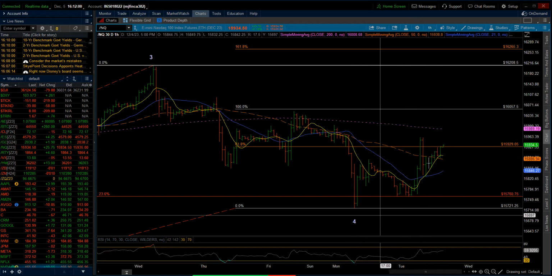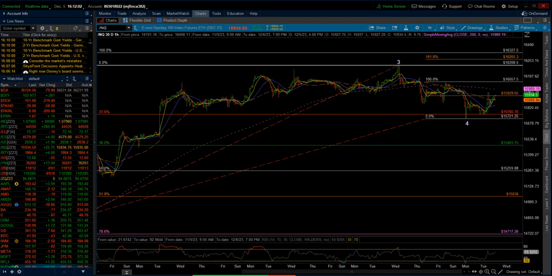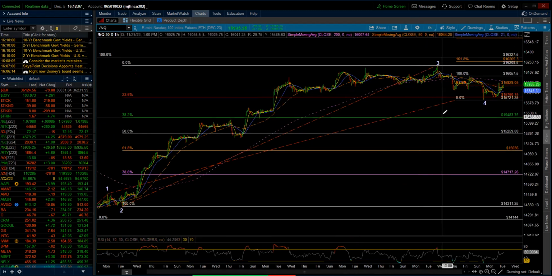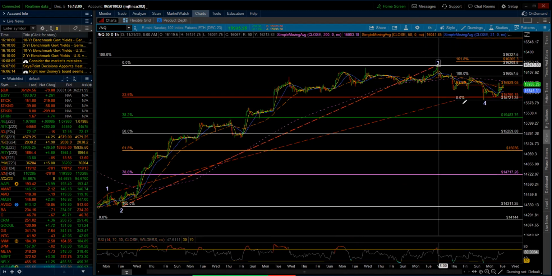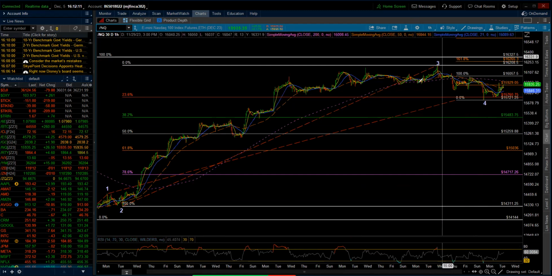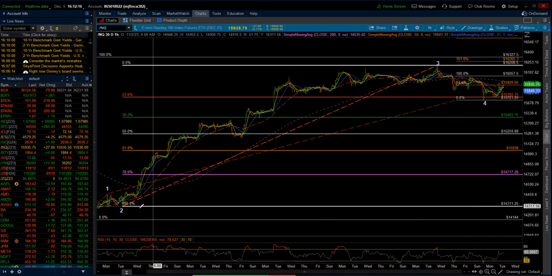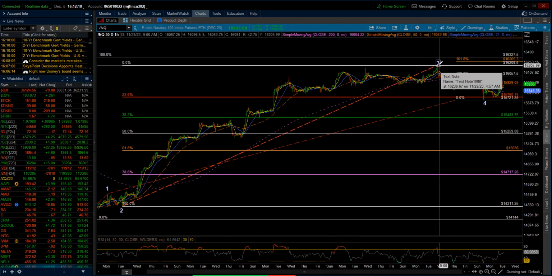Because I'm looking at that big wave, and we have to have the possibility, and these are all 3s. So in my mind, it can still be this 4th wave, as big as it is, because that 3rd wave was very large.